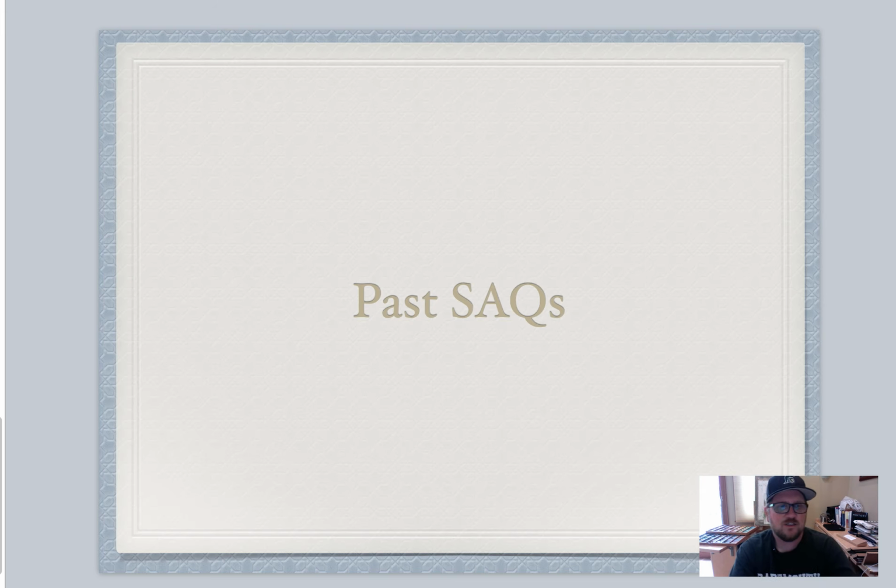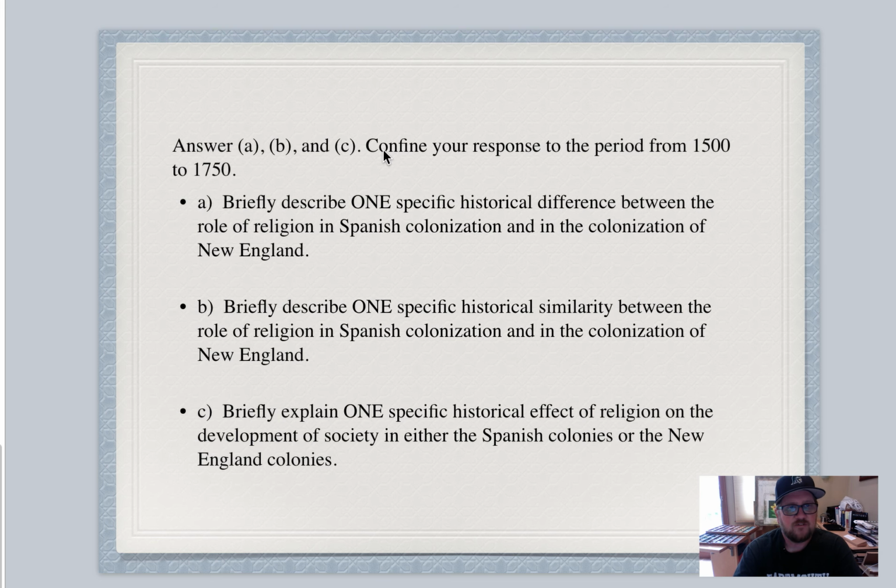Okay, the last little section is past SAQs. These are the two SAQs that have been on the AP test in the past. The first one is: confine your response to the period from 1500 to 1750. So again, this goes past period 1 a little bit, but it's still one that could fall into period 1. Briefly describe one specific historical difference between the role of religion in Spanish colonization and the colonization of New England.